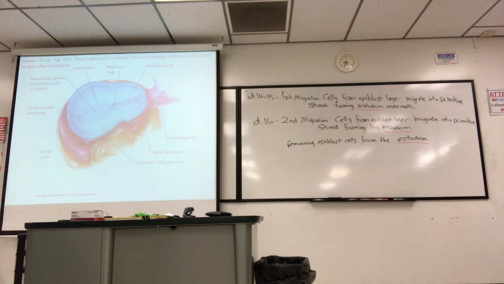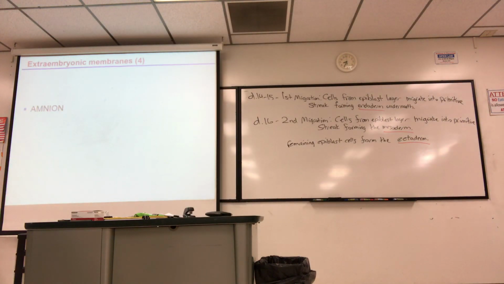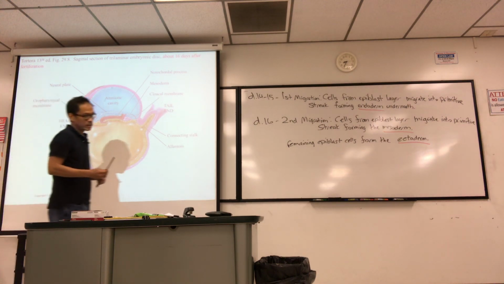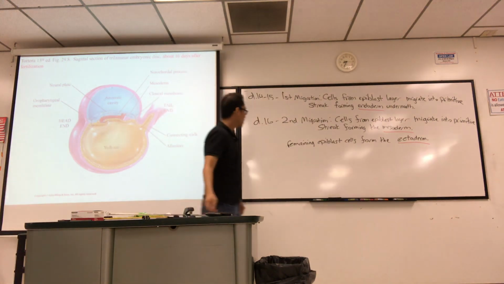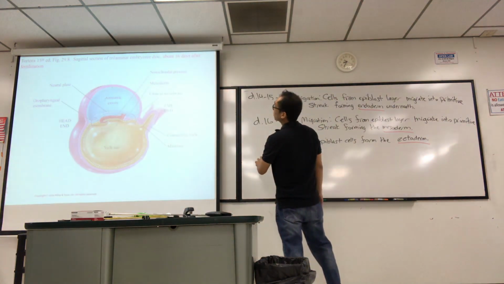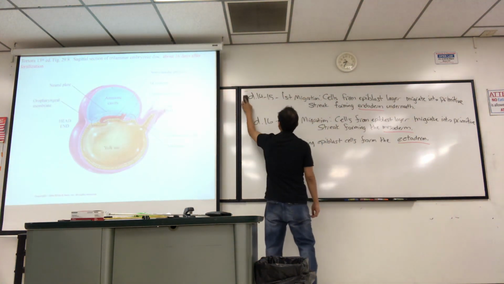And now, at this stage of development, I can mention the 4 major extraembryonic membranes. 2 I've already mentioned, these 2. And now we can start to see the formation of allantois and chorion. So up to 16 days.